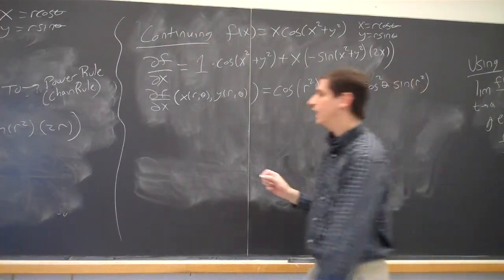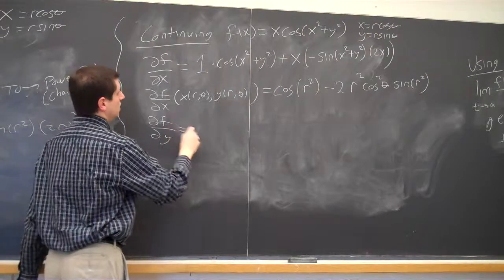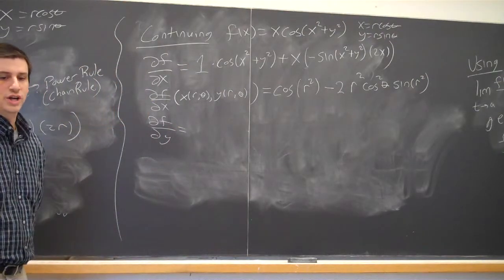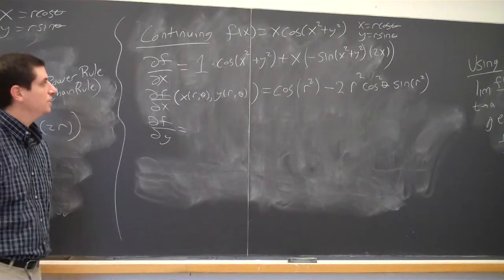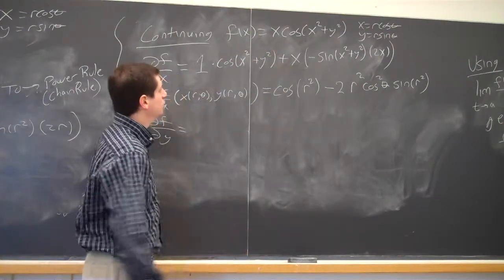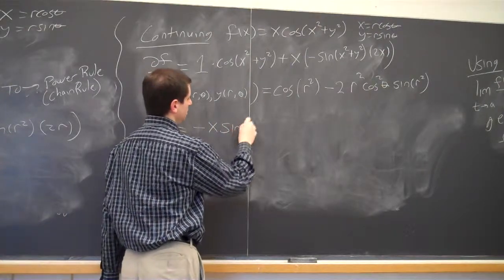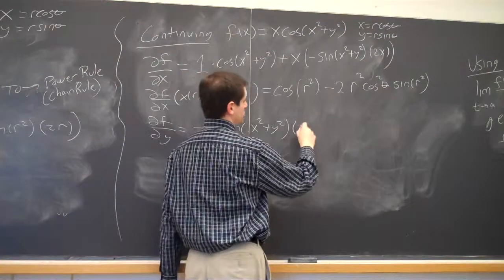Okay. Now we calculate df dy. And so a very similar calculation. Oh, crap. Okay, so now we have df dy. It's similar calculation, but it's actually a little bit nicer because we don't have the y dependence outside. So we're going to just get minus x sine of x squared plus y squared times 2y.